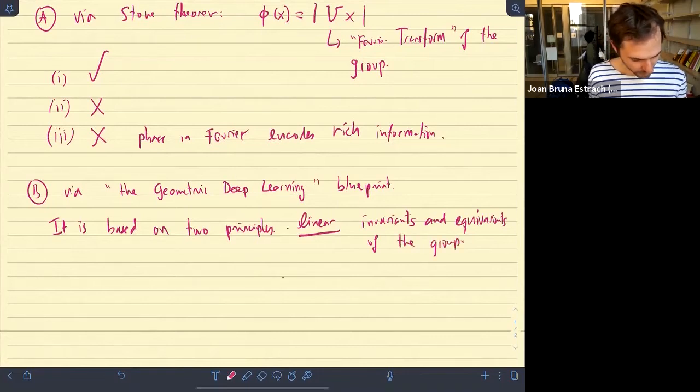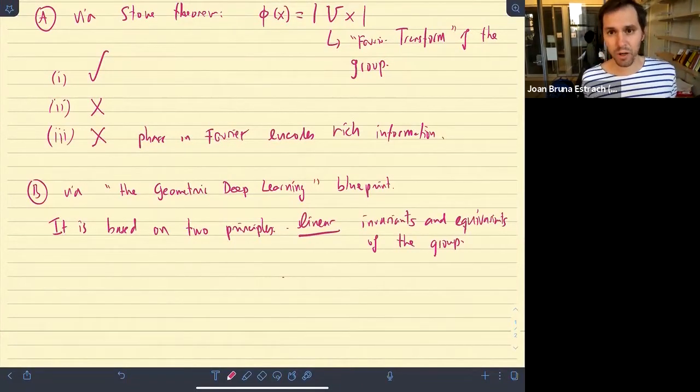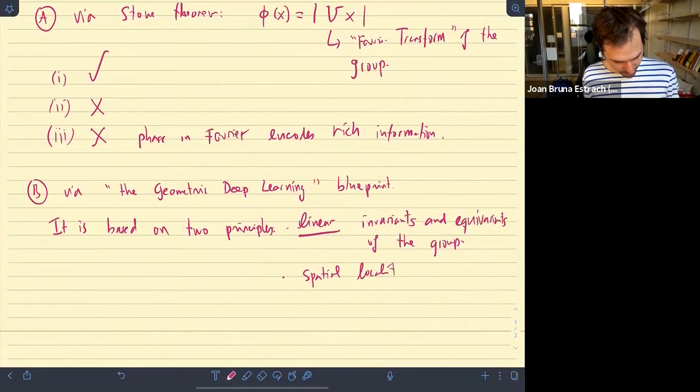And then there's also a notion that amongst all these linear invariants and equivariants, we're going to use them in a certain way. So we are going to combine them in a nice way, through this notion of spatial locality. We are going to just refresh the architecture of this property.